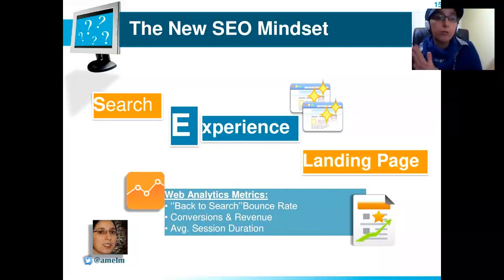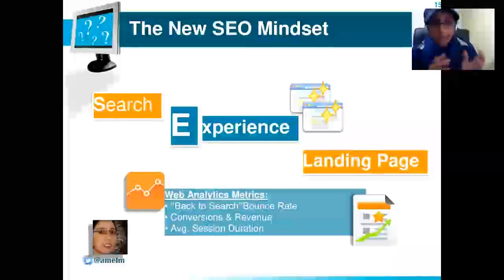If they don't find your landing page relevant to whatever they were searching for, the first thing they're going to do is come back to the search engine. That's a back to search bounce rate. And if you have too much of that on your website in general, on your landing pages, it is going to affect your ranking, it's going to affect your SEO.